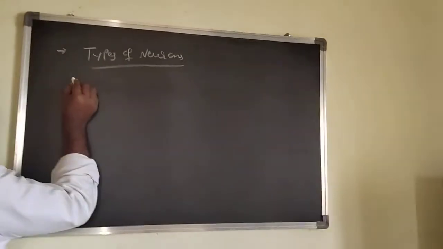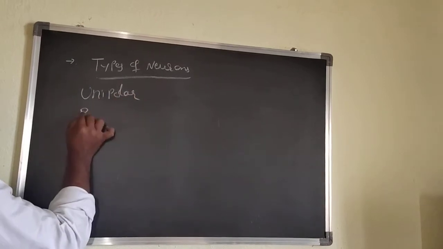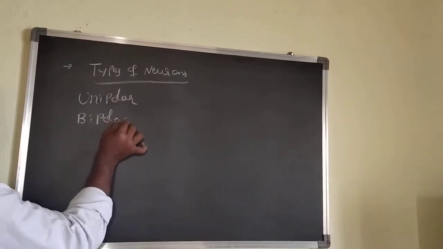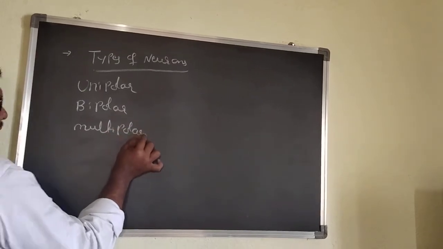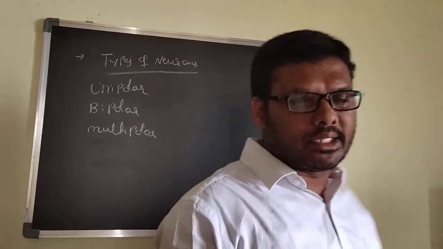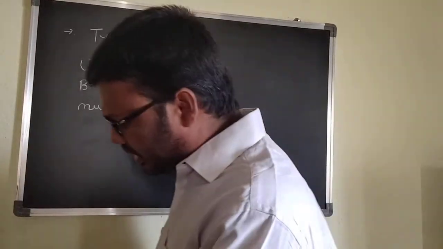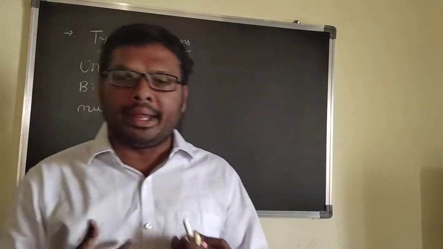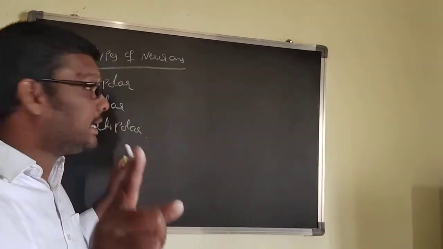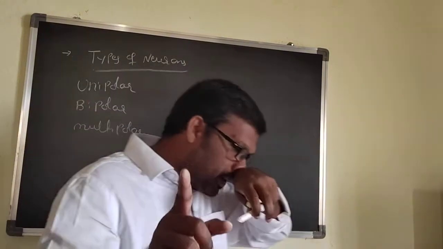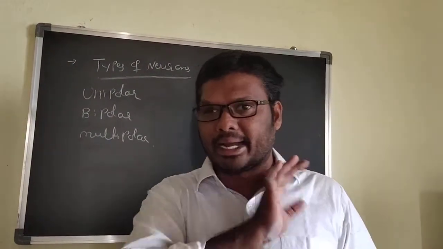There are three types of neurons: unipolar neuron, bipolar neuron and multipolar neuron. So many times at MCET level they can ask this type of questions regarding unipolar, bipolar and multipolar neurons. Mostly in our body, the type of neuron present is the multipolar neuron. I said the types of neuron are based upon the dendrites and the axons, mainly the dendrites.